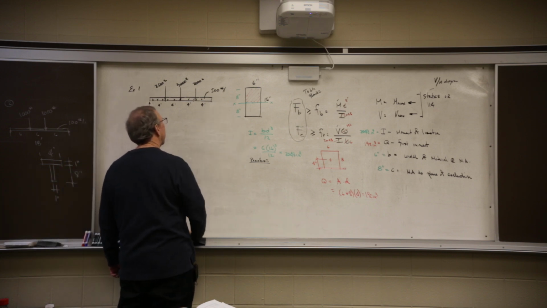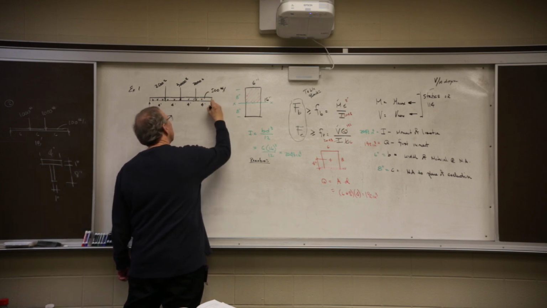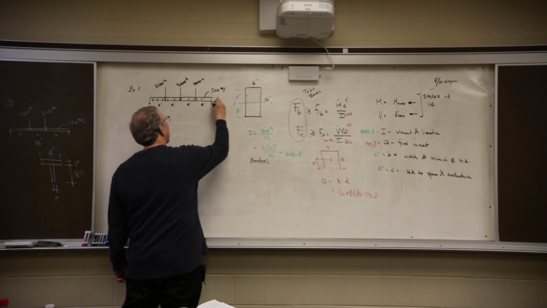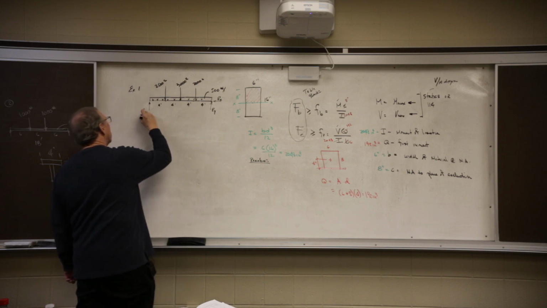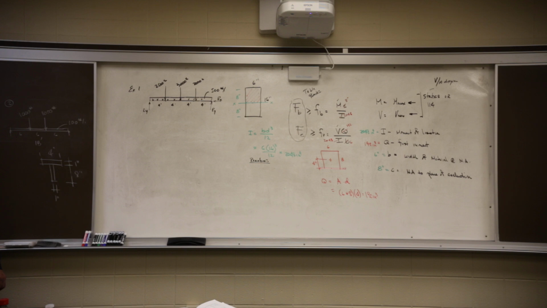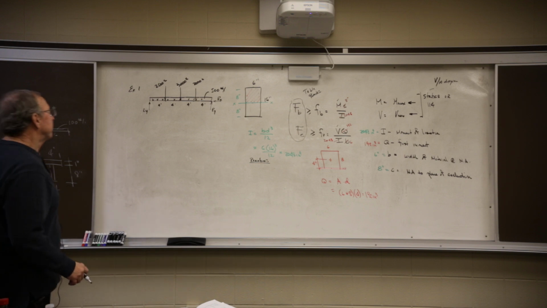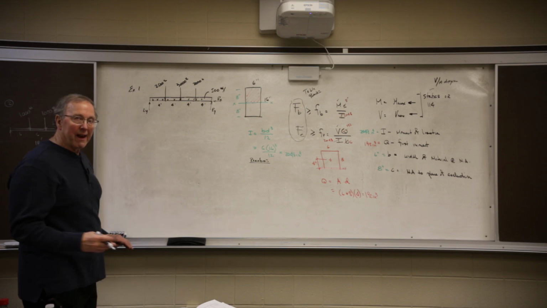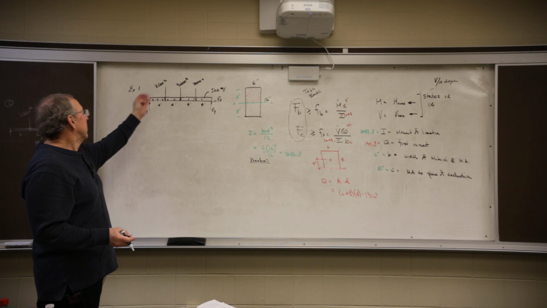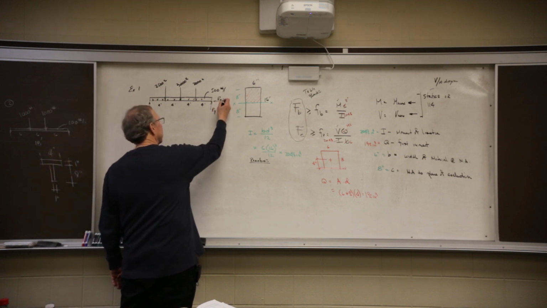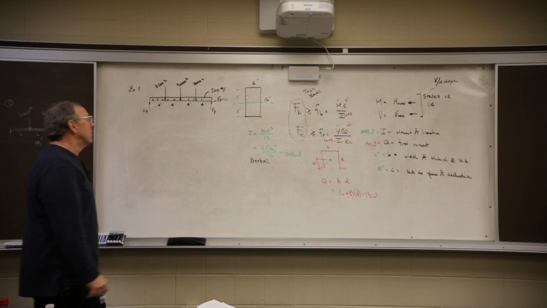Get rid of that little guy and put a RY, RX, LY: left-hand vertical, right-hand horizontal and vertical. I'm going to sum forces in Y. I have to consider X, but the only X up there is RX, and that has to add up to 0, so that becomes 0.